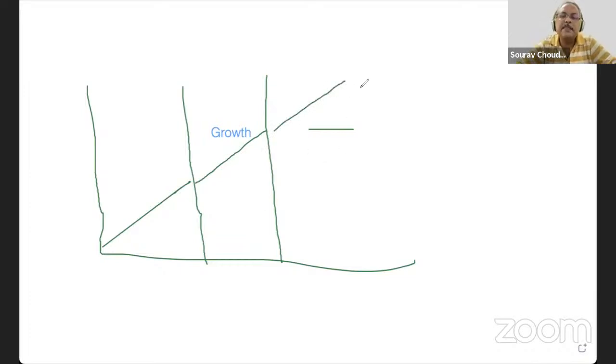Okay, this is the maturity phase, and finally I'll come to a place where it starts declining. Okay, so if I come to each and every phase, if I start typing it here, it's introduction.